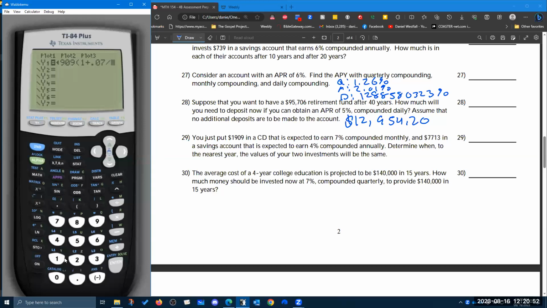7% compounded monthly to the 12 times some number of years. And you put $7,713 into a savings account that compounds 4% annually.